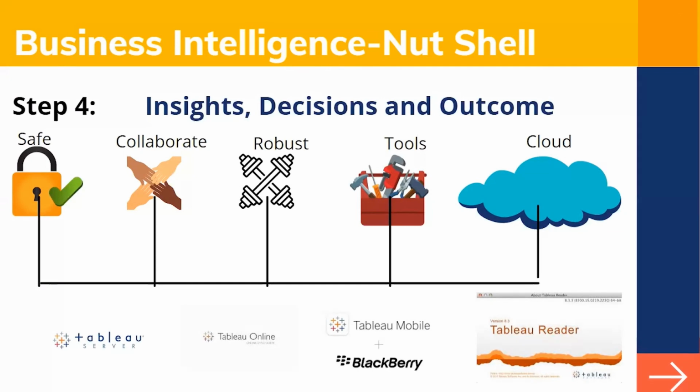First of all, whatever insights I'm making should not be visible to others, meaning the things I'm doing with my workbook should be safe enough. It should also give me an opportunity to collaborate with other people and make my project still more interesting. It should also be robust, with multiple tool support and cloud support. So these are the things associated with insight, decisions, and outcome.